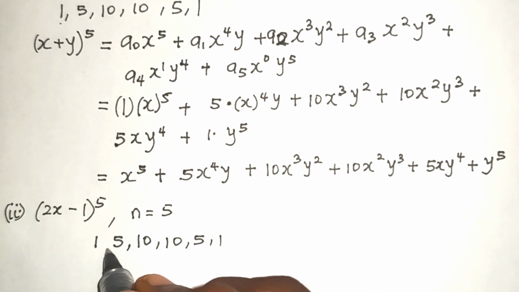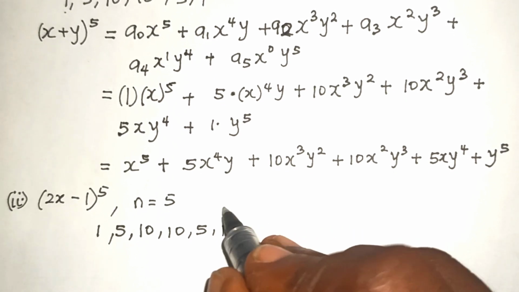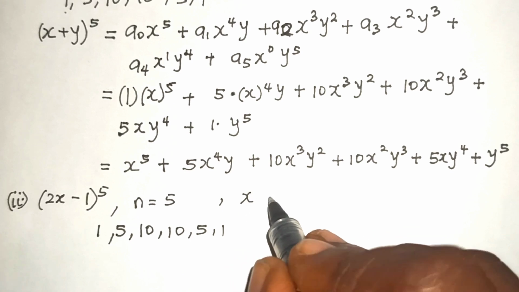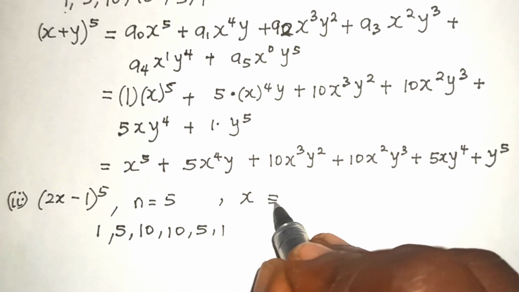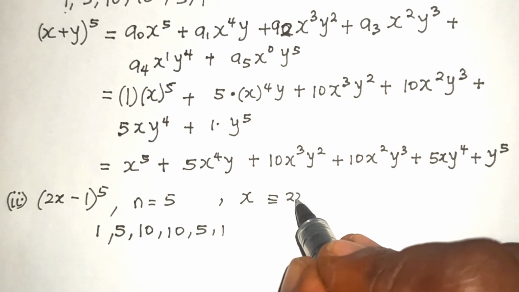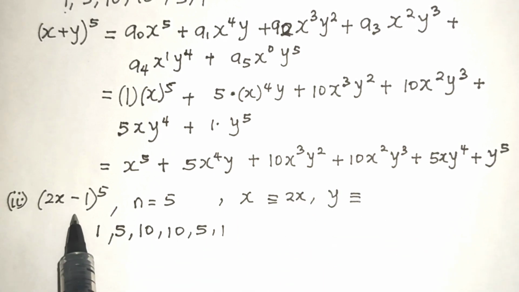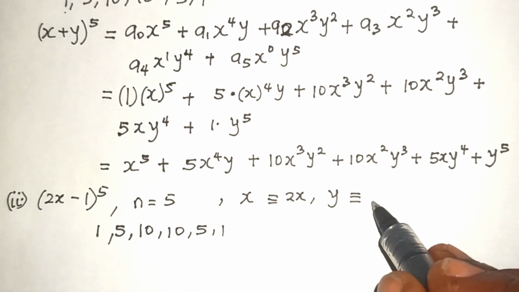So these are the coefficients that we'll still use, just like in the previous example. In this case, x is equivalent to 2x, and y is equivalent to minus 1.